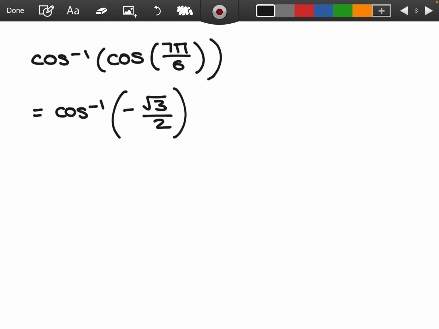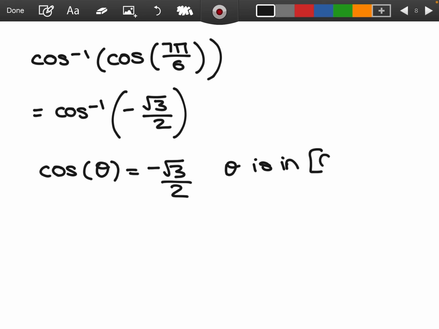Now I'm looking for cosine inverse of negative the square root of 3 over 2. So I'm looking for a theta on my unit circle such that cosine of theta is equal to negative the square root of 3 over 2, and theta, because we're looking at cosine inverse here, has to be between 0 and pi.